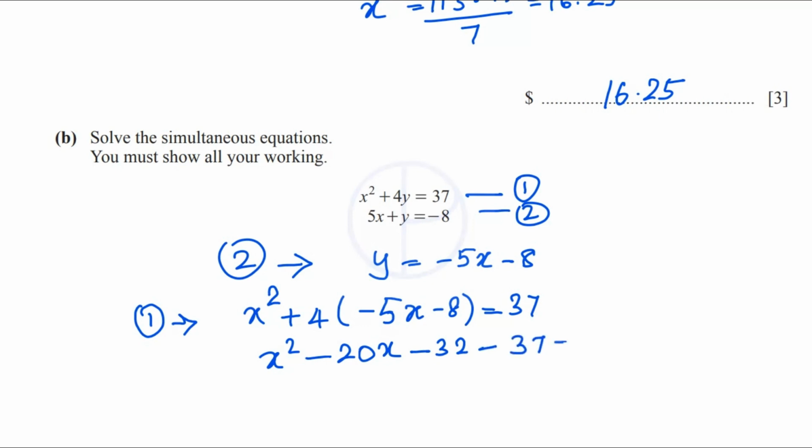Minus 37 equal to 0. So x square minus 20x minus 69 equal to 0.